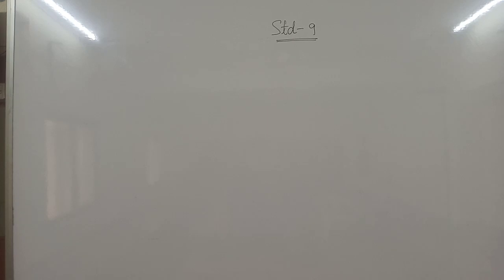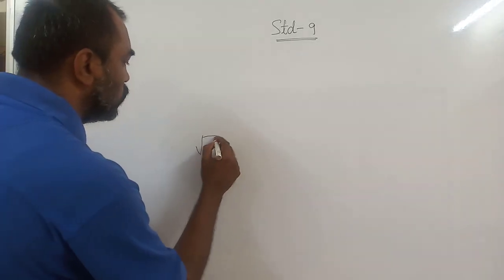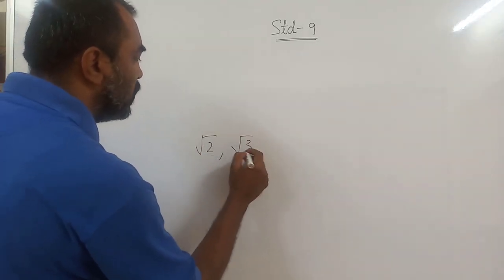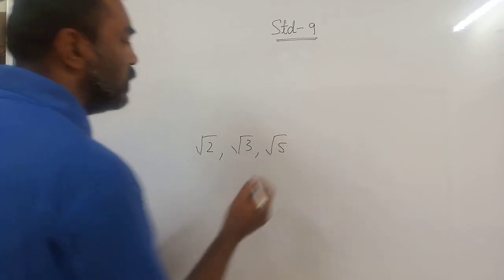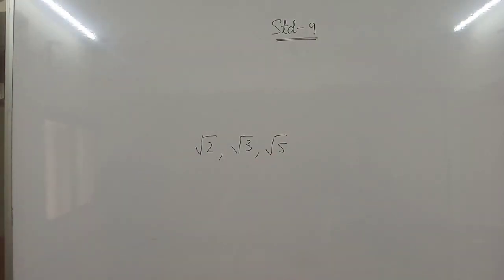I used the division method to find the square root, and finding the square root by division, we got a non-terminating non-recurring decimal. Now because we got a non-terminating non-recurring decimal in square root, we figured out that numbers like root 2, root 3, root 5 are irrational numbers.